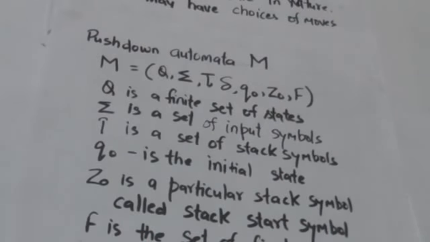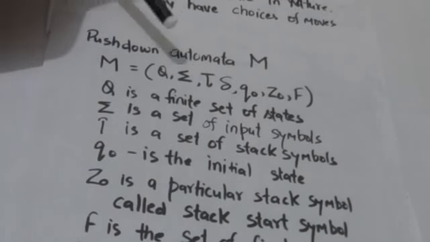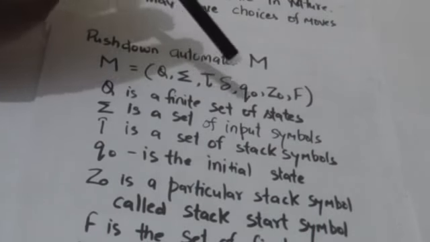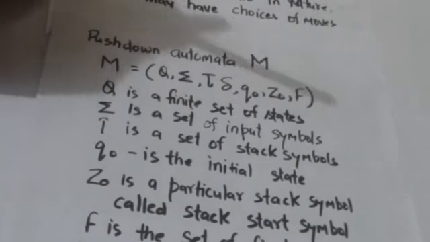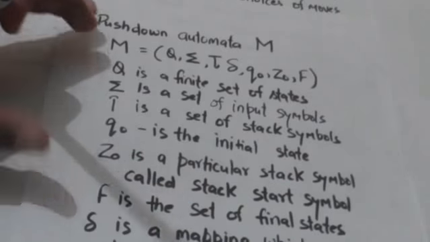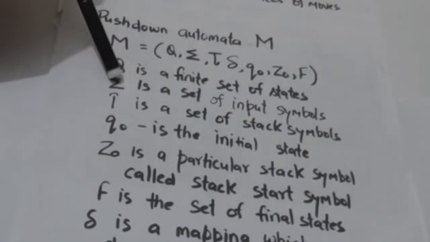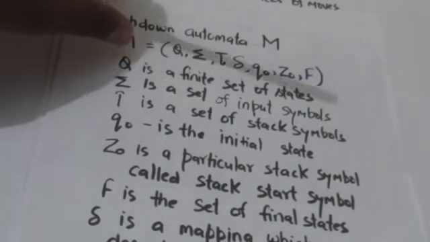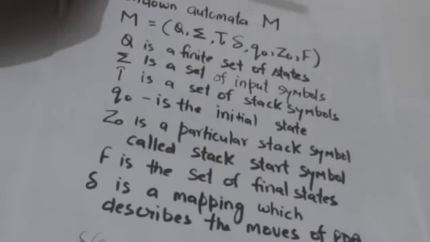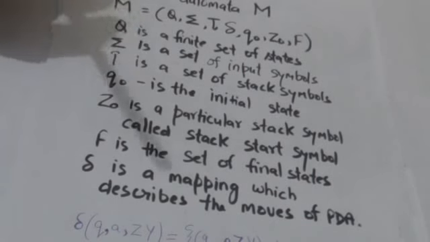A pushdown automata M is defined by a 7-tuple Q, sigma, T, delta, Q naught, Z naught, F, where Q is a finite set of states, sigma is a set of input symbols, T is a set of stack symbols. These are the symbols which can be put in a stack. Q naught is the initial state of pushdown automata.